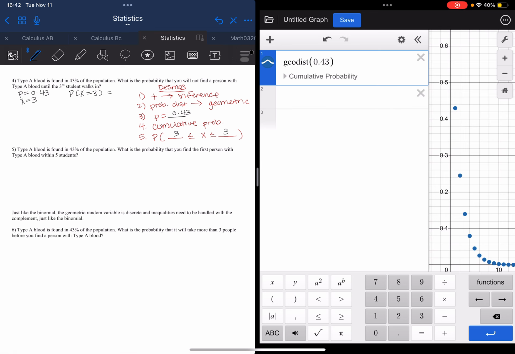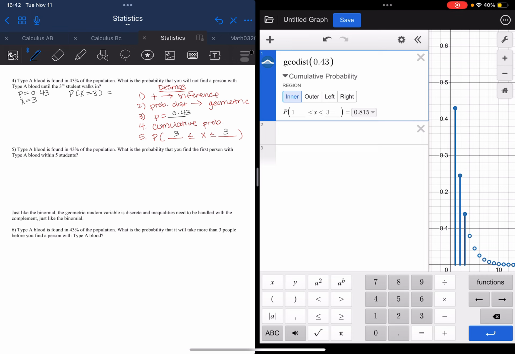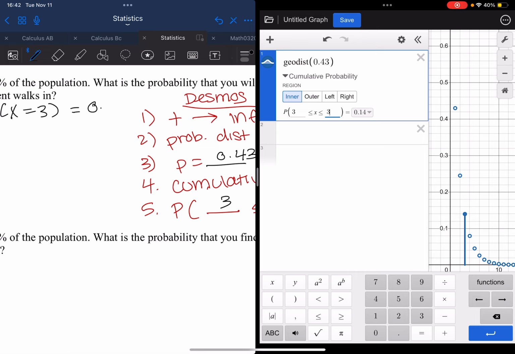From here, I'm going to click on the cumulative probability, and within there, I'm going to type in 3 since I want to find the probability that X equals 3. And here I find the answer is 0.14.